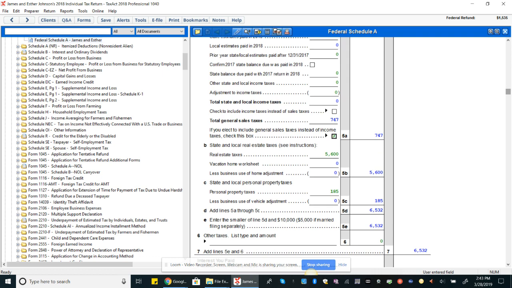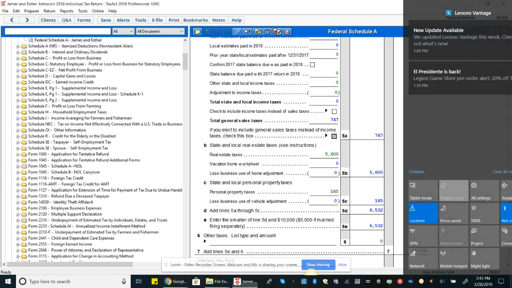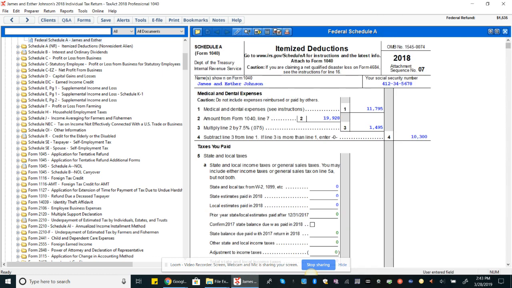We want to make sure under the required last section that we say they do not want to contribute to the presidential election campaign and do not want anyone to be a third-party designee. For missing information, make reasonable assumptions. They had qualifying health coverage all year. So those are three things that we do want to look at when we preview the form.